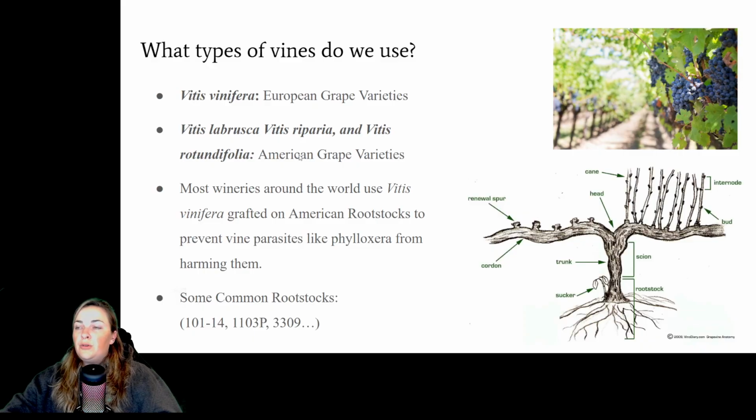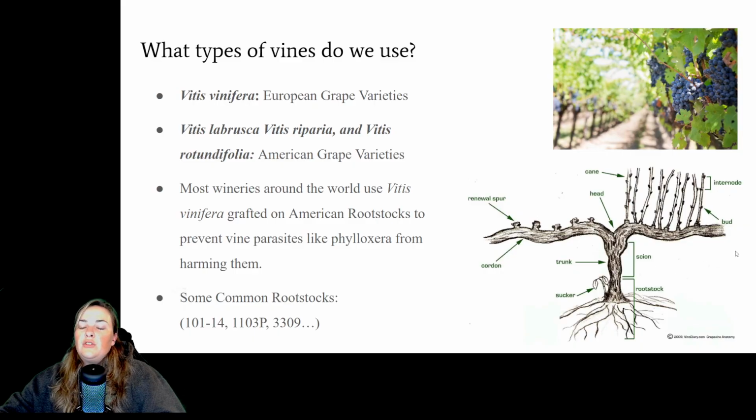These vines do produce their own fruit, and you could make wine from it. We've tried. It's not very good. So the species are hardy. They're great for what we call the rootstock. That's the bottom portion of the vine because they protect the vine from all of the insects that we have, basically, right? The pests in the soil.